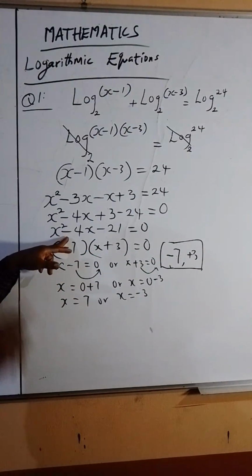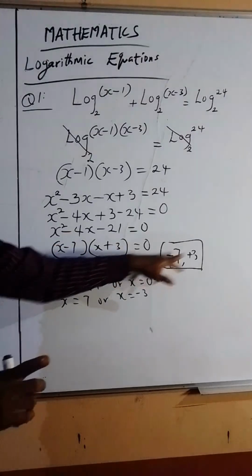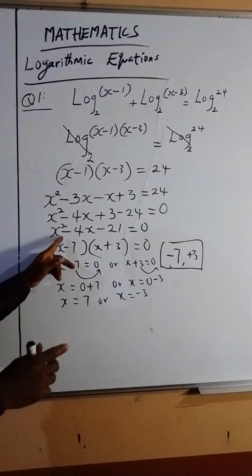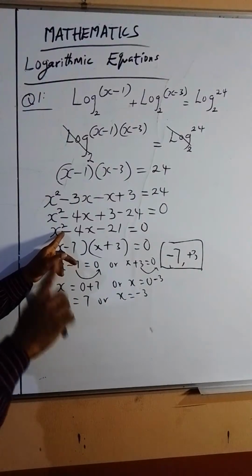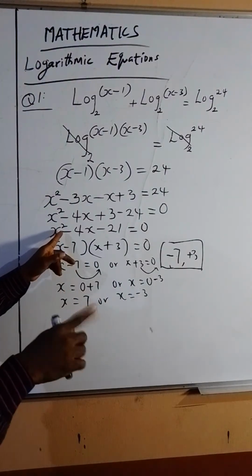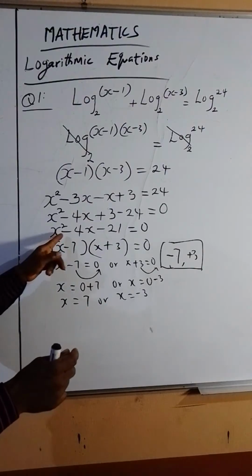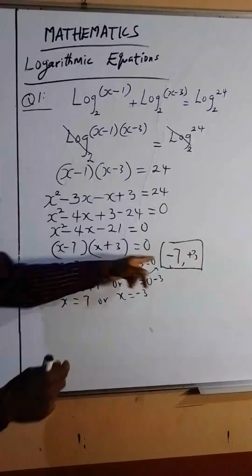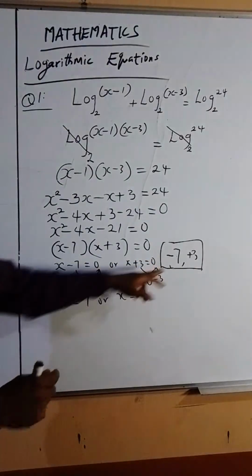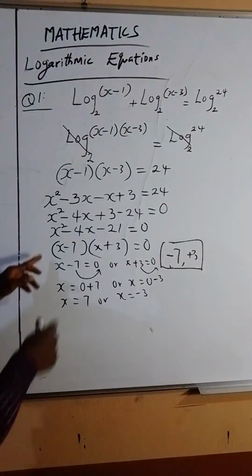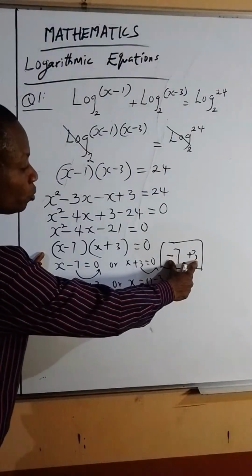But if here was to be plus, we would have put plus here and put minus here. That is how to know which one will take plus and which will take minus. Don't worry, we'll keep making more videos on that so that you can keep getting used to this way of selecting signs, the best signs to add to a number. Now, by doing this, we have gotten the two factors.